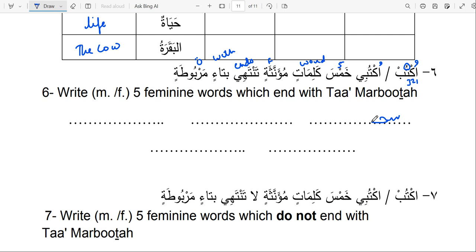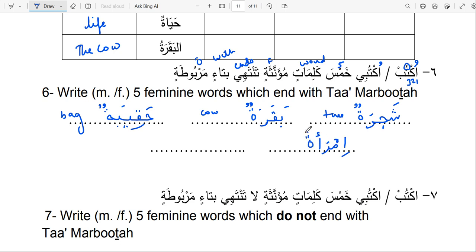Then baqaratun. Then haqiba, haqibatun, means bag. Baqara means cow. And shajara means tree. And what else? Imra'atun, woman.